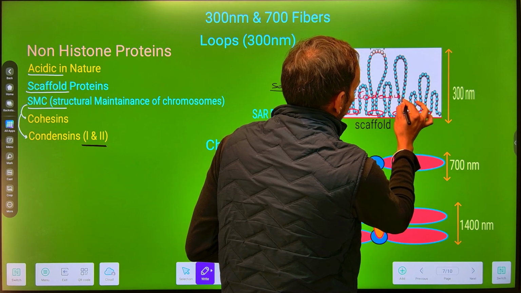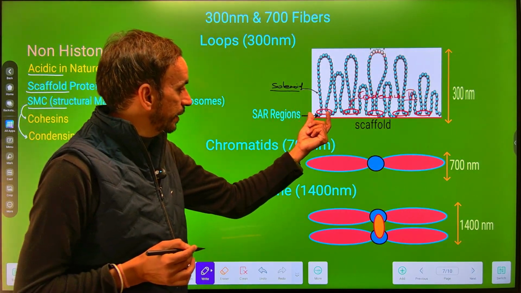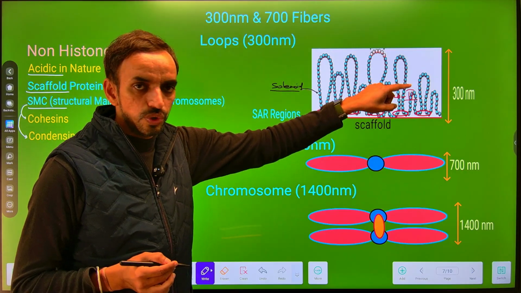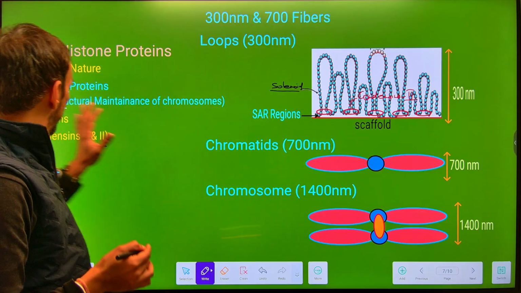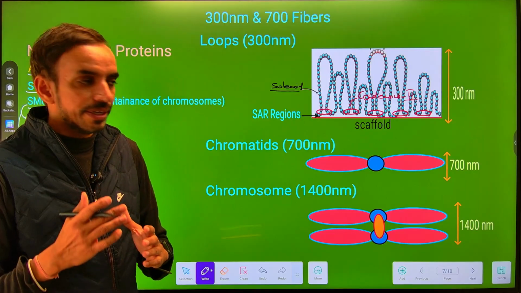Firstly, there is a role of condensin 2, which has a ring type of structure that helps in the arrangement of these loops. That's why these proteins belong to the category of structural maintenance of chromosome. Chromosome का structure maintain करते हैं.